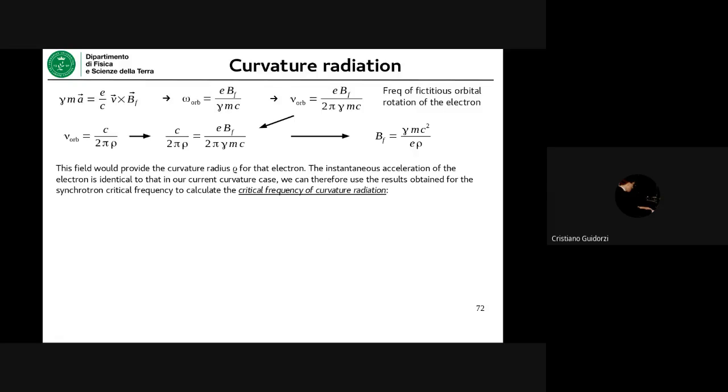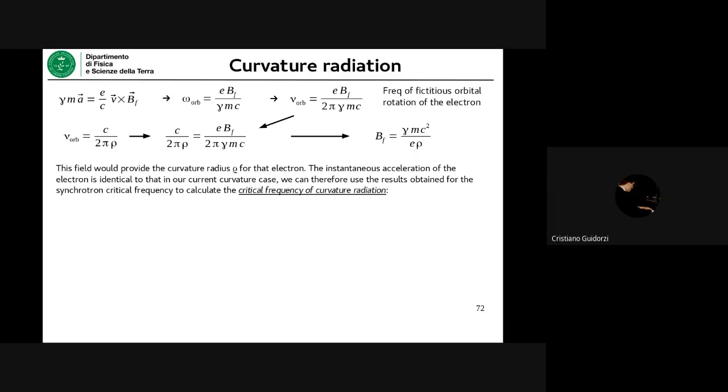In particular, you can calculate the corresponding critical frequency, in this case the critical frequency of curvature radiation, because now you are imagining that you are in the presence of synchrotron radiation due to this fictitious magnetic field. In your picture, this fictitious magnetic field is responsible for the acceleration that you measure.